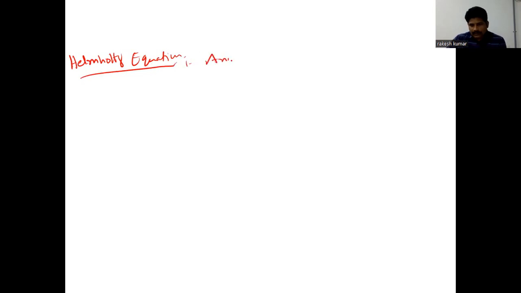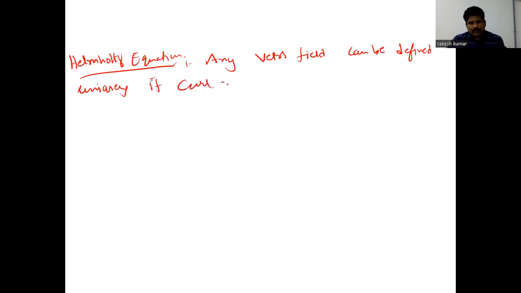Very important one: any vector field can be defined uniquely if the curl and divergence of the field are known at any point.